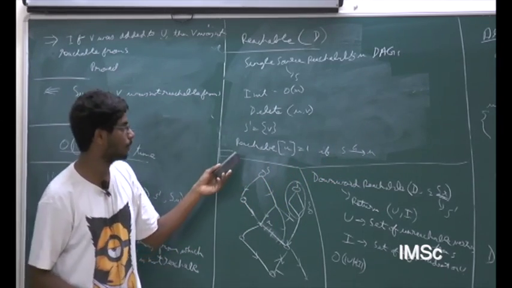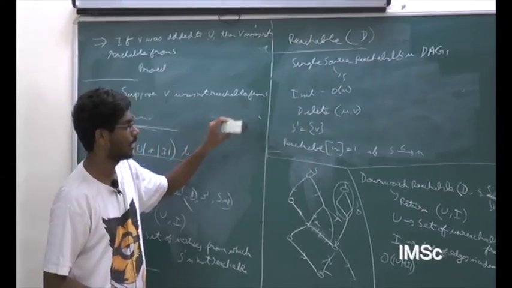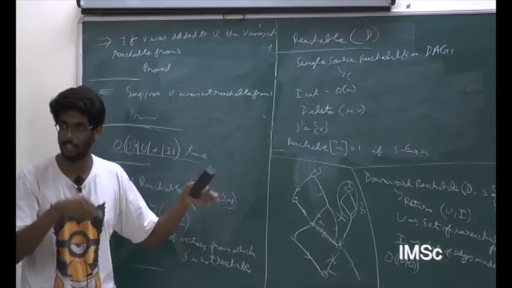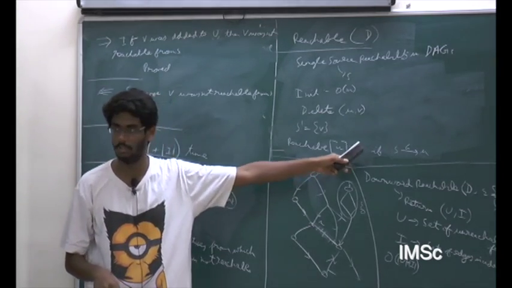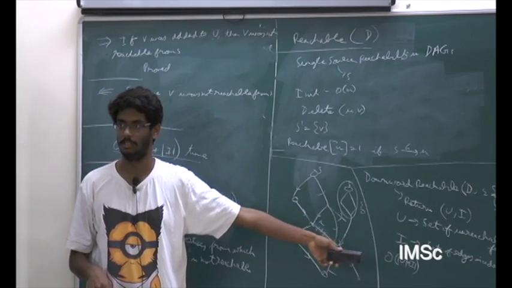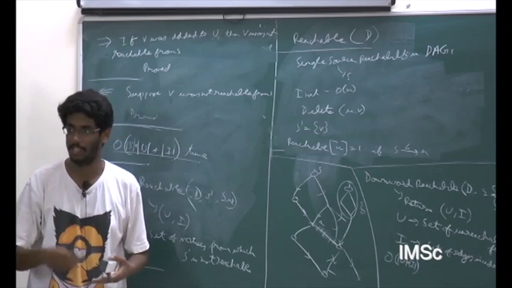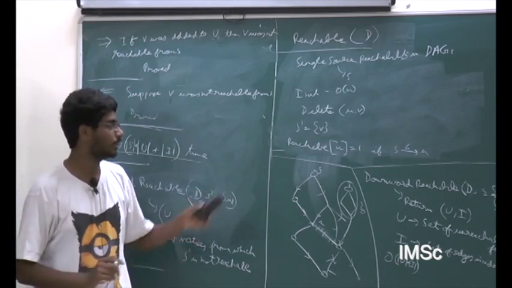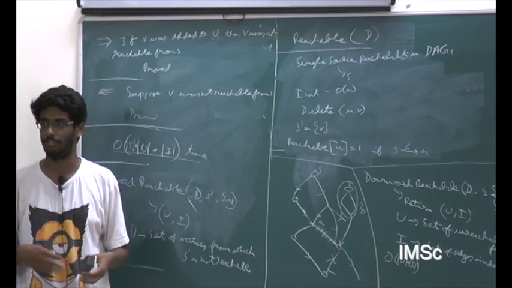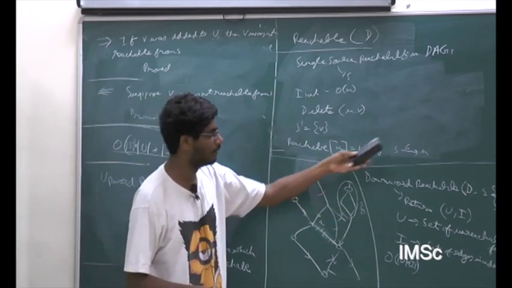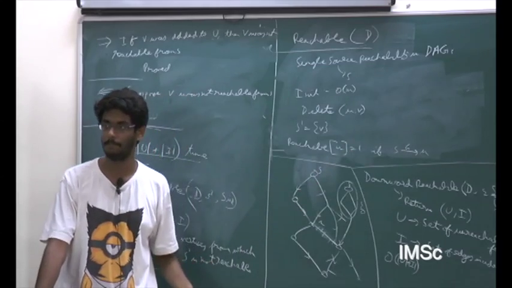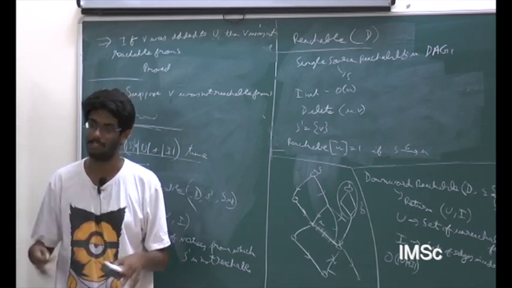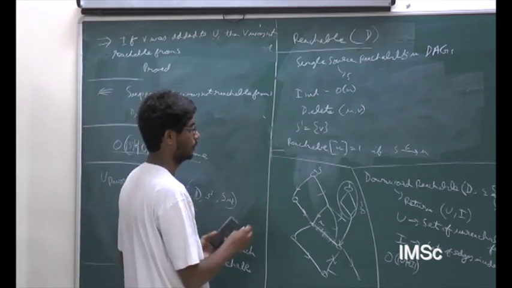Once I delete a vertex, I spend time proportional to order u plus I. I set u of these cells to be 0, and I delete so many edges. I keep doing this again and again. What is the query? Query is just look at reachable of u and tell if it's 0 or 1. I do this over multiple iterations of updates, because every edge I'm looking at, I am deleting. I have only m edges to delete, so the entire total time is n plus m, which is just m.